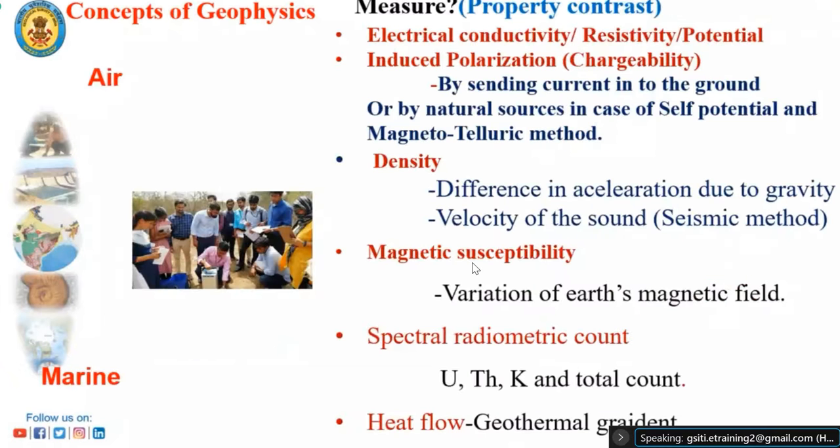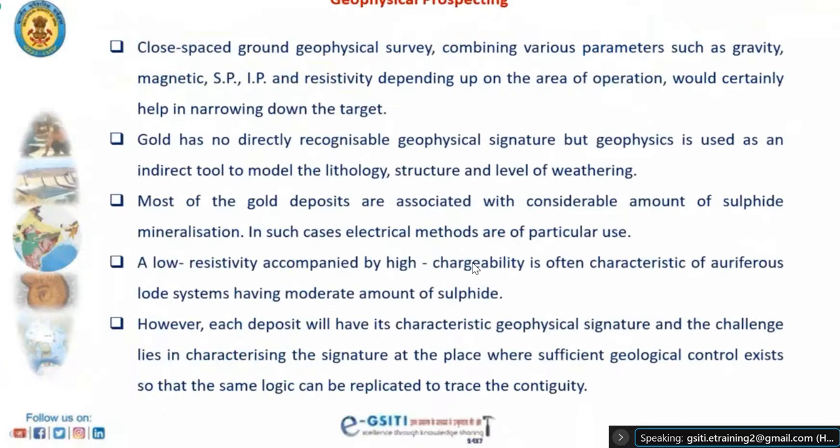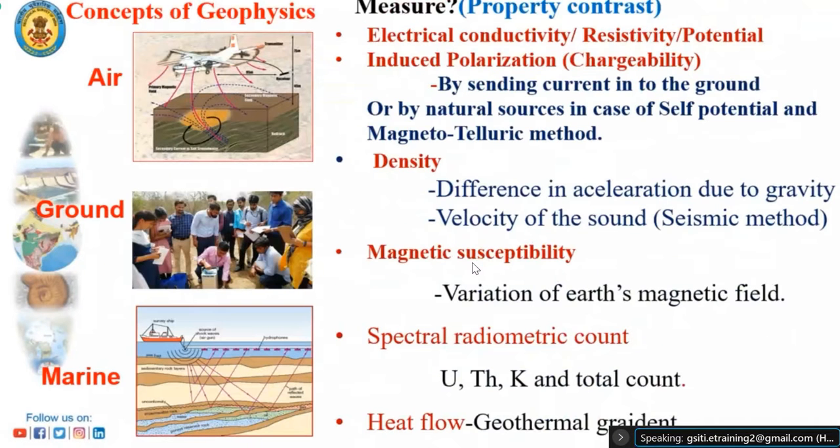So this is how aerial surveys work, because we have different divisions in the Geological Survey of India. We have aerial survey, ground geological survey, geophysical survey, and marine geophysical survey. Aerial geophysical survey depends on the scale on which it is being carried out.